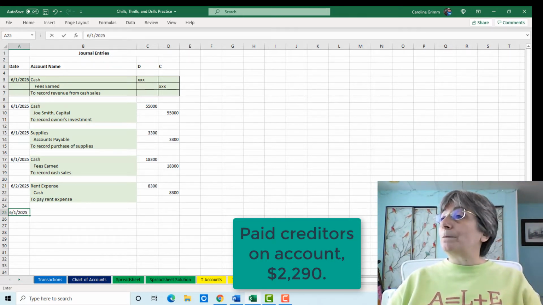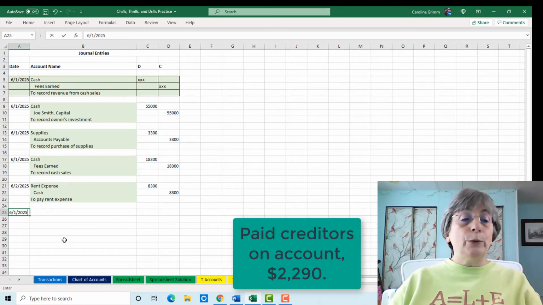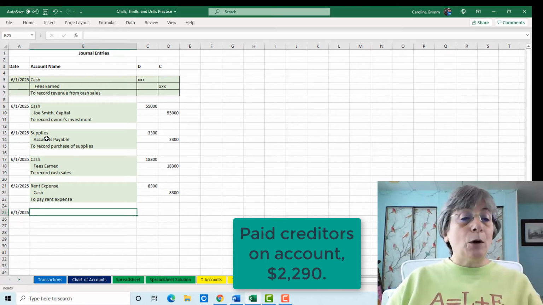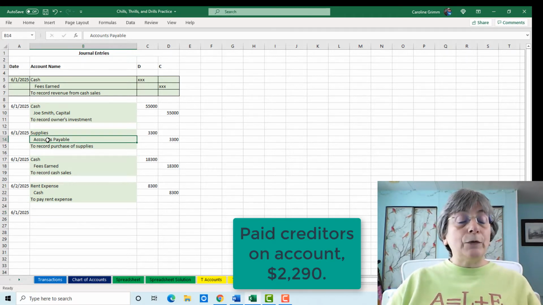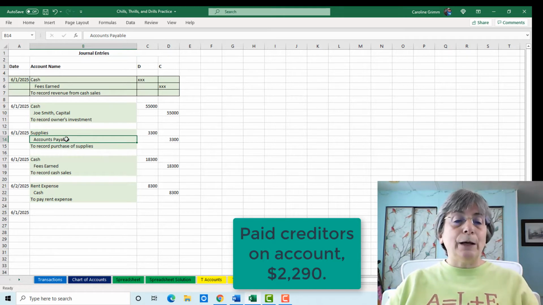Then what happens? We pay creditors on account for $22.90. Well, the only creditor that we know of, because this is a new business, he's only bought one thing, is this accounts payable here that we increased by $3,300. So now we are paying part of that bill, which means that we need to reduce our accounts payable. We increase it on the credit side, so we're going to decrease it on the debit side.